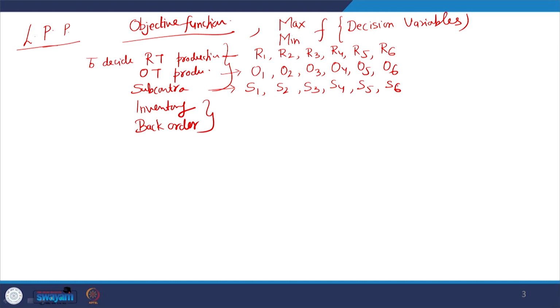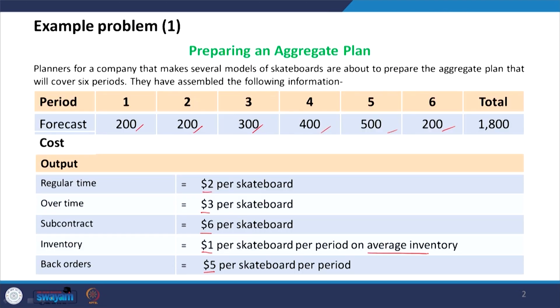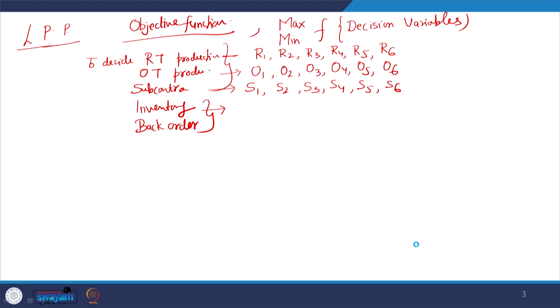Then the inventory available, average inventory, because we are incurring the cost as per the data on average inventory. So, average inventory in each period are I1, I2, I3 up to I6, and back orders in each period are B1, B2 up to B6.